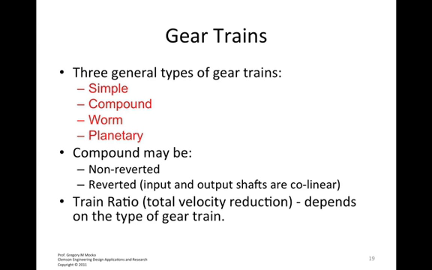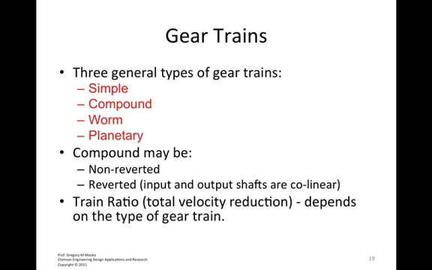The first one is a simple gear train, in which, for the meshing gears, there's only a single gear on each shaft. In a compound gear train, 2 gears are rotating on the same shaft. There might be multiple shafts. This will be easier to see in a diagram. We can talk about a worm gear set, and then planetary gear sets.